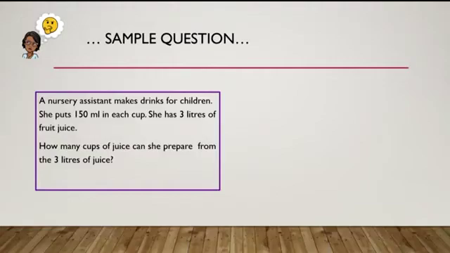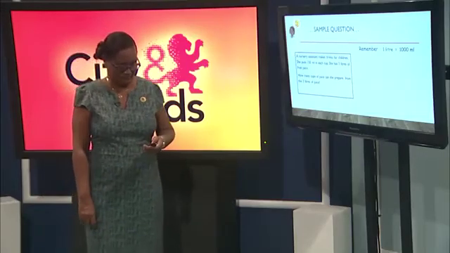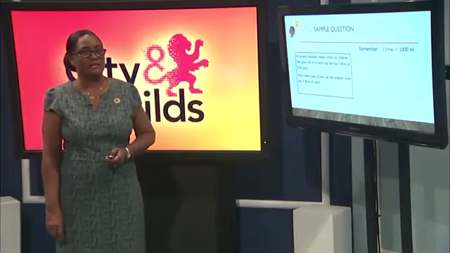So it's 150 in each cup, and she has 3 liters in all. Again, remember, 1 liter is 1,000 milliliters. You may not get the conversion in the exam, but most times it's not there. You will have to remember, and you will have to go through it on the table as we did yesterday, or use another method.